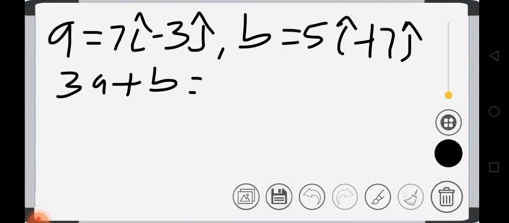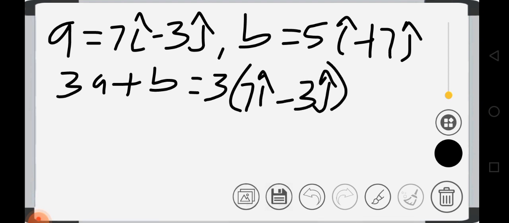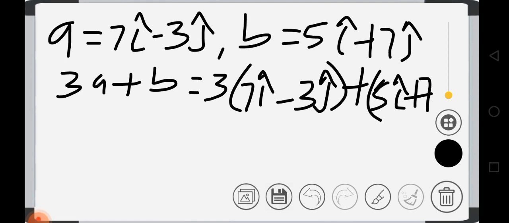So this will be equal to 3a, what is a? 7i minus 3j. This is vector algebra. Plus b. What is b? 5i plus 7j.